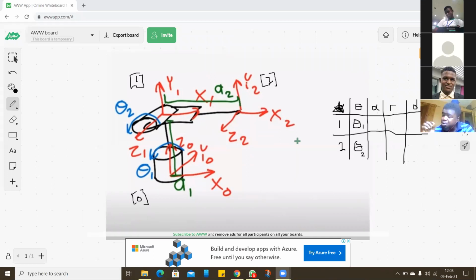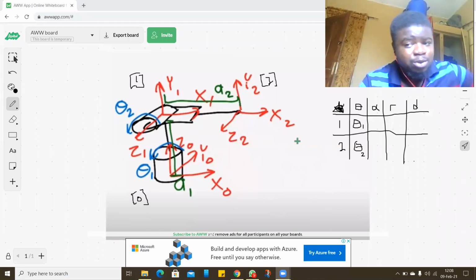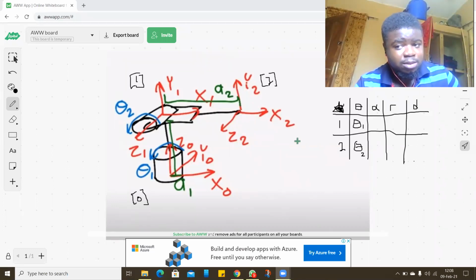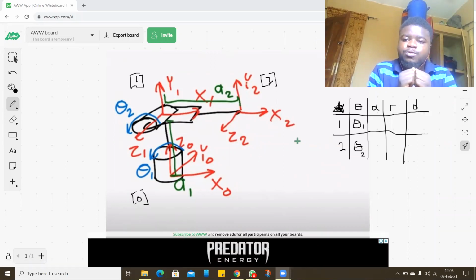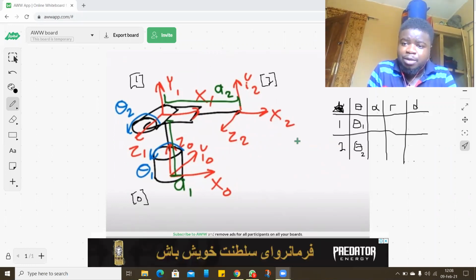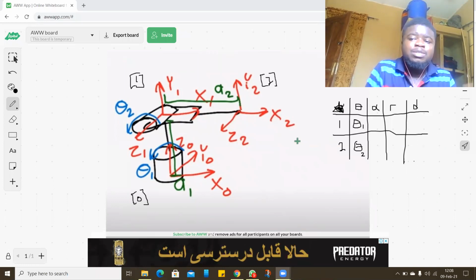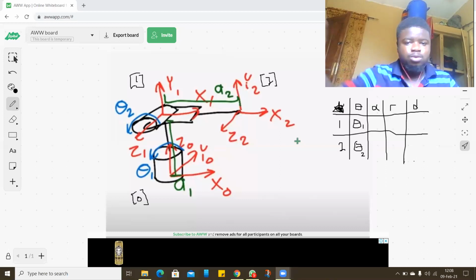It is a rotation parameter, but around X. The first one, theta, is around Z0. If we are doing the parameters for frame 0 and frame 1, theta is always for Z0. But this one now is also a rotation parameter, but we are doing alpha. This one will be X1, not X0. So look at what I'm saying now.